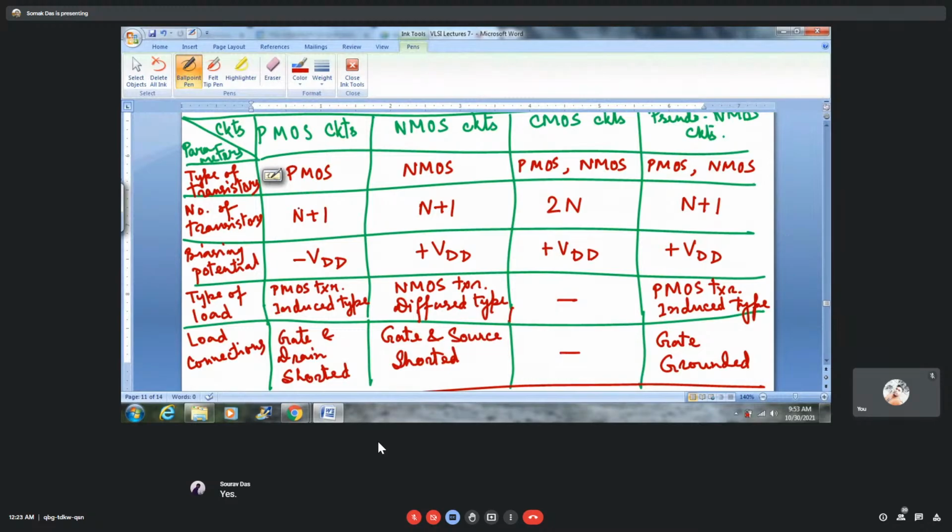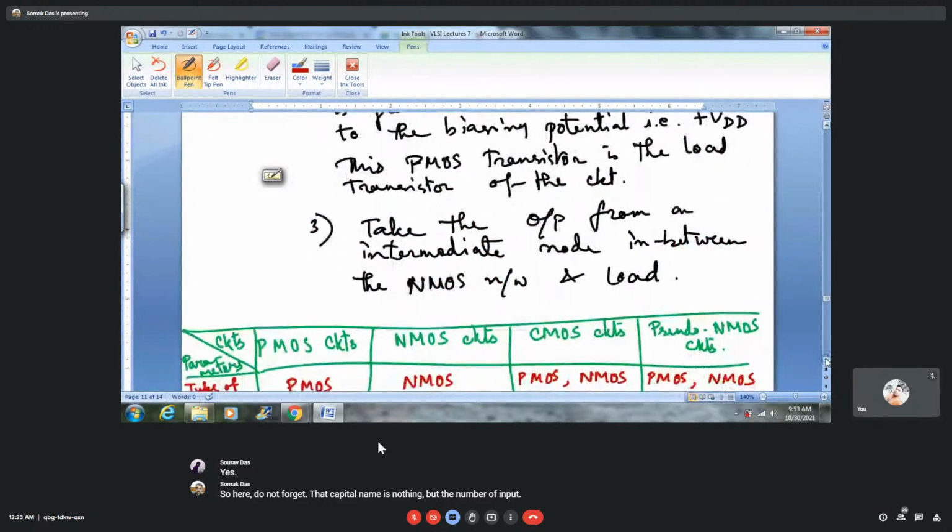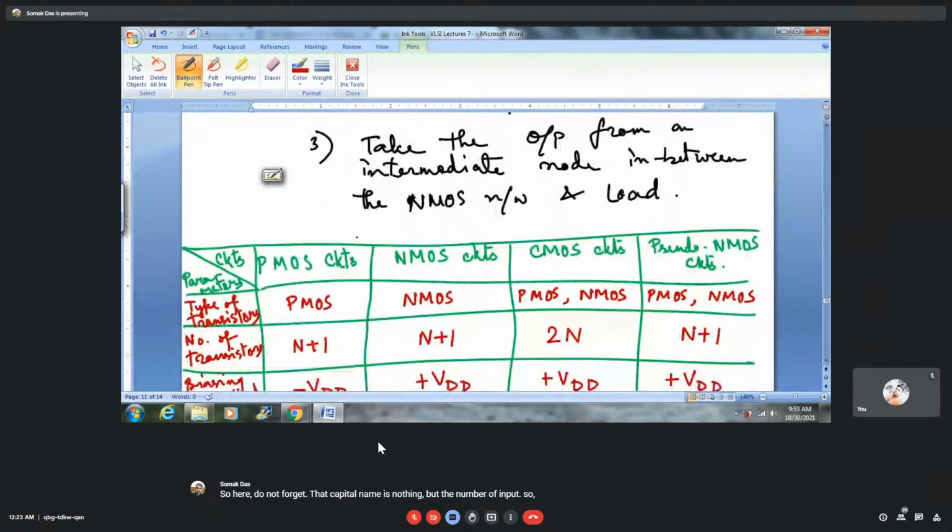So here, do not forget that this capital N is nothing but the number of inputs. So capital N represents the number of inputs.